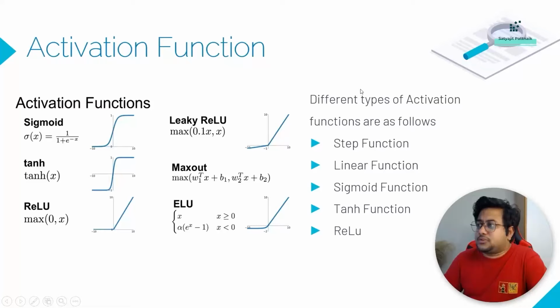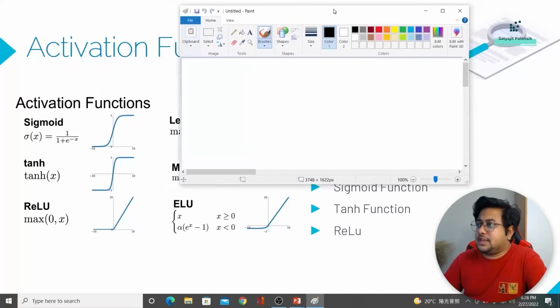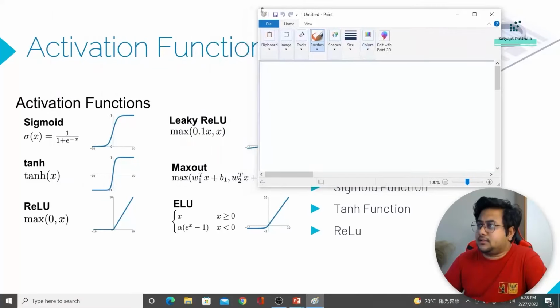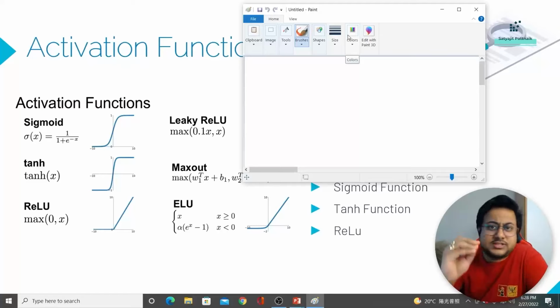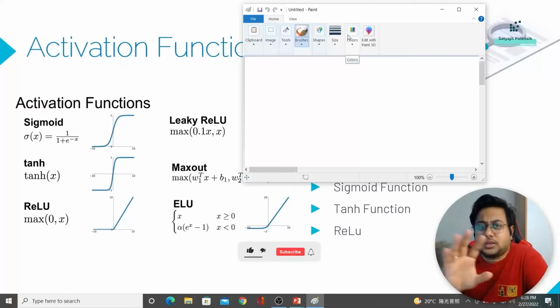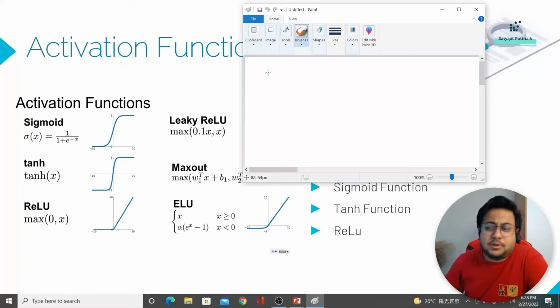Let me get the presentation here. Okay, so let's consider a threshold based activation function. So just imagine we have a threshold. What is a threshold? Let's say I am having multiple people's scores, and score ranges from 0 to 100.